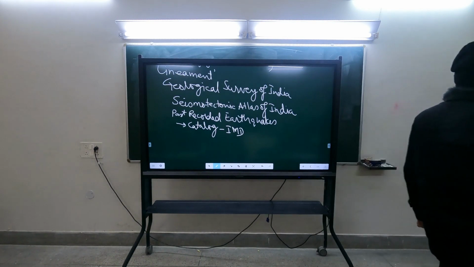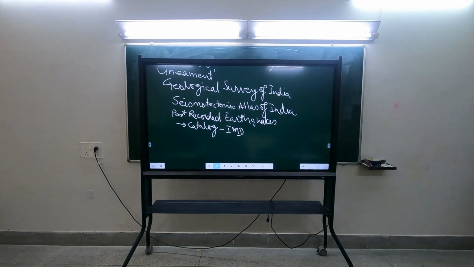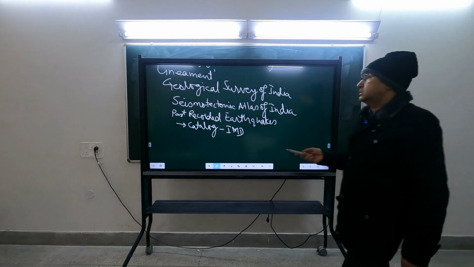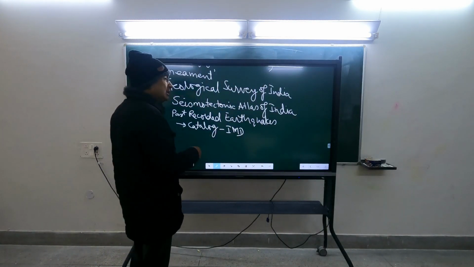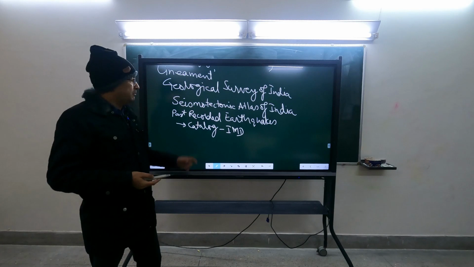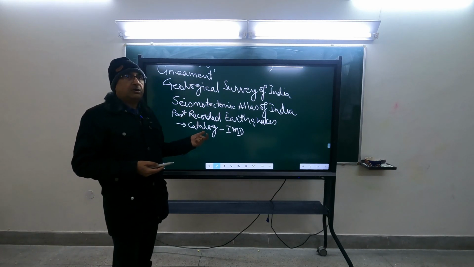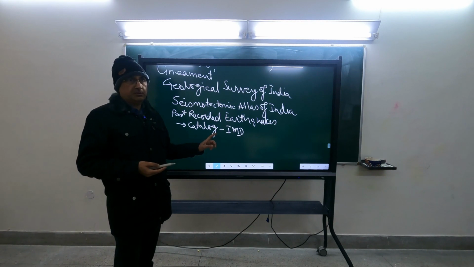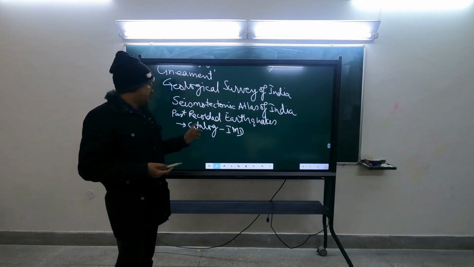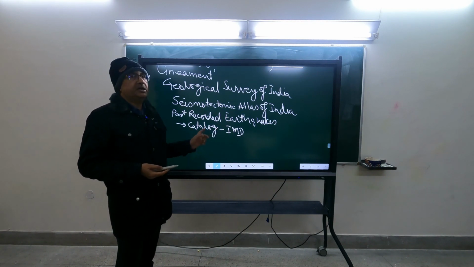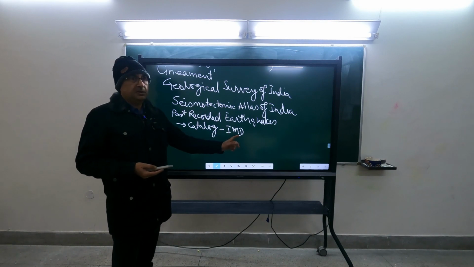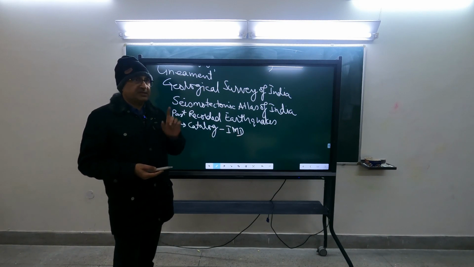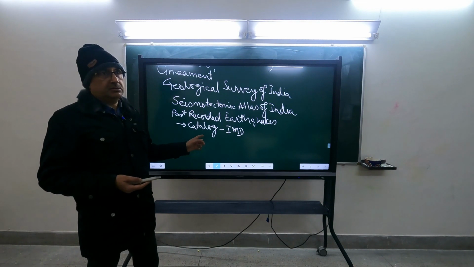So IMD does cataloging, GSI does mapping. The longitude and latitude of all the past earthquakes which have been recorded, or which were mentioned in some historical documents, IMD has prepared for the country. It can be downloaded from the site of IMD.